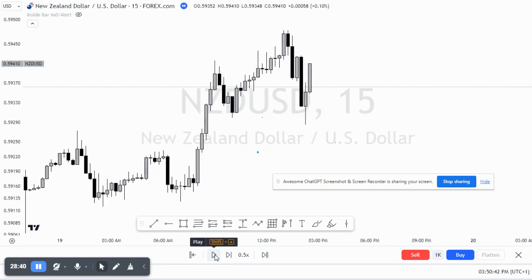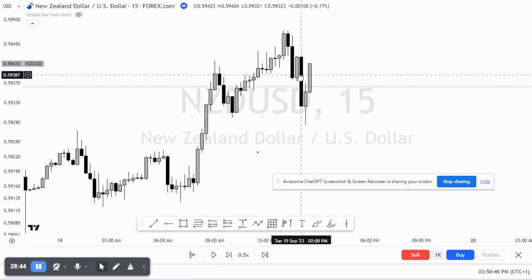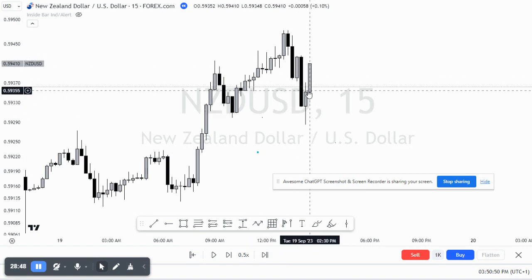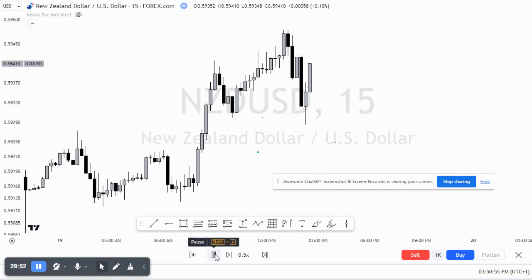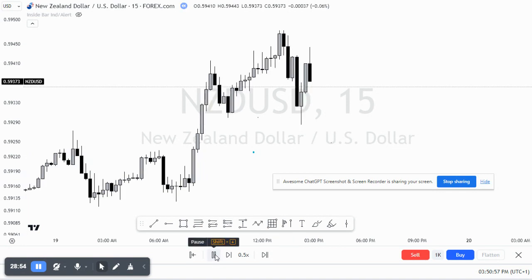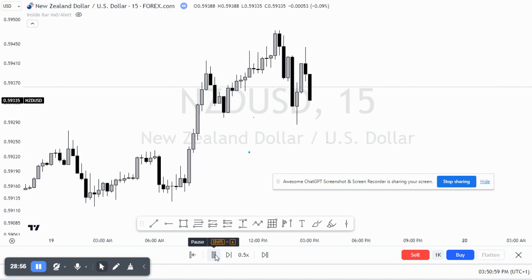Is that a valid pullback? Yes, this is another valid pullback here. So we have pullback 1, pullback 2. Keep watching, a valid pullback, right?